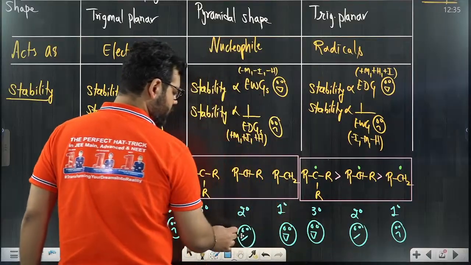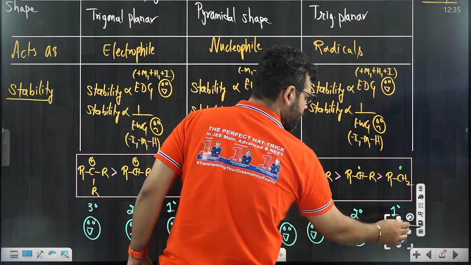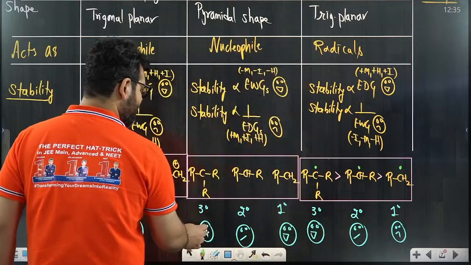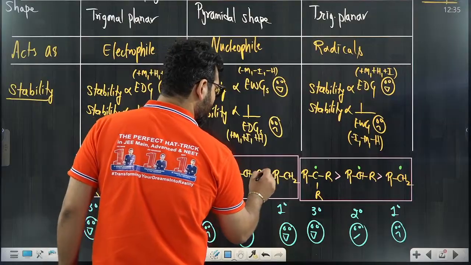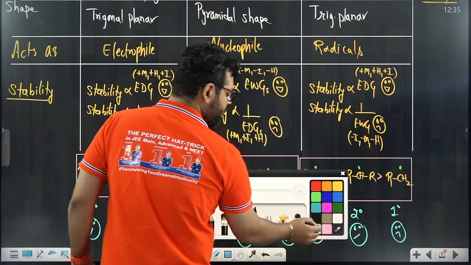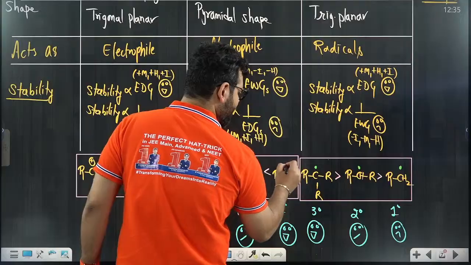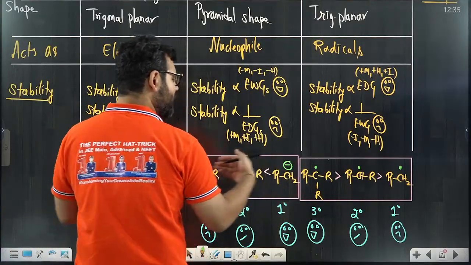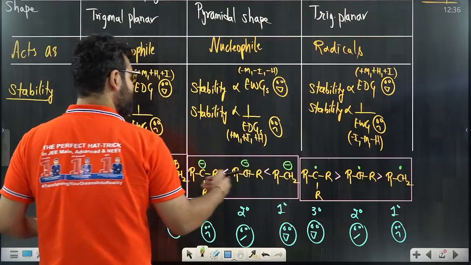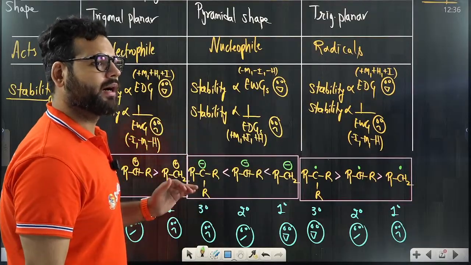The happiest carbanion is primary, because it is already negatively charged and only one group is donating. With 2 groups donating, it is already negative and becomes less stable. With 3 groups donating, it will become very, very unstable.